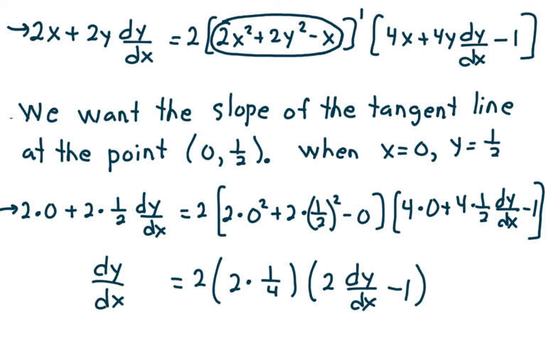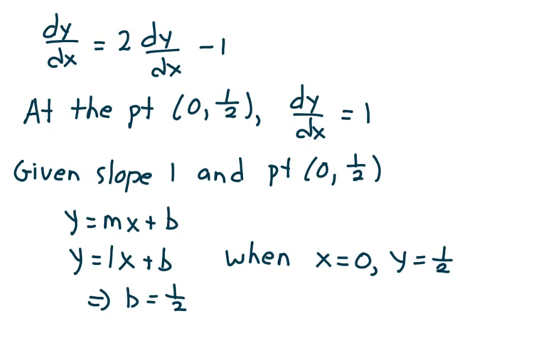So you might notice here I get dy/dx equal to 2 times the quantity 2 times 1/4, since 1/2 squared is 1/4, times 2 dy/dx minus 1. So it looks like dy/dx is equal to 2 dy/dx minus 1. So at the point (0, 1/2), dy/dx is 1, and that's going to give me the slope of the tangent line.